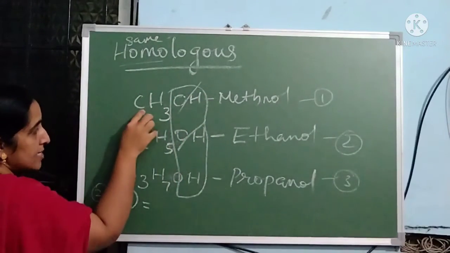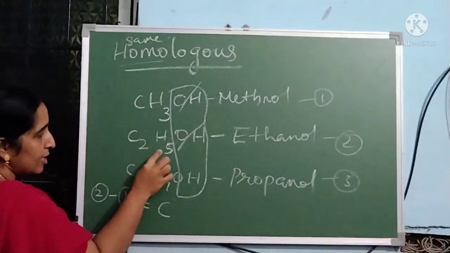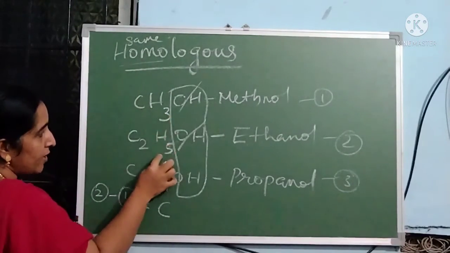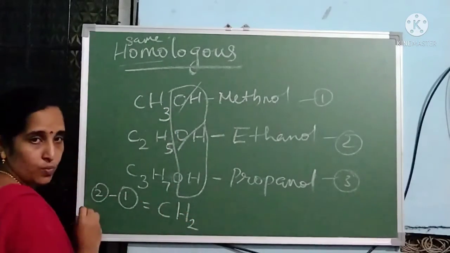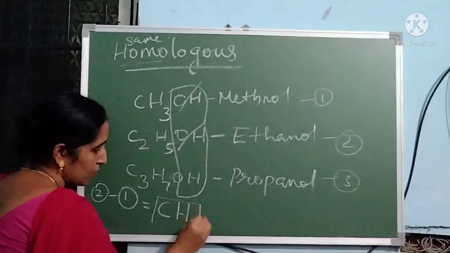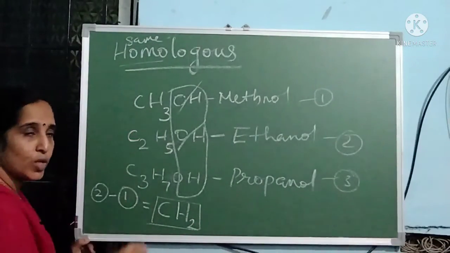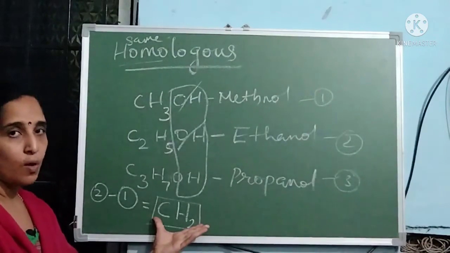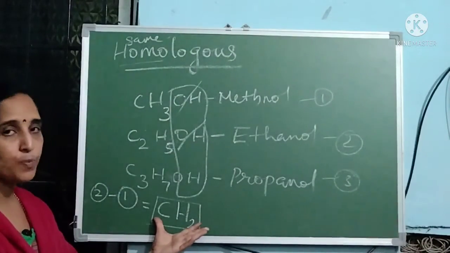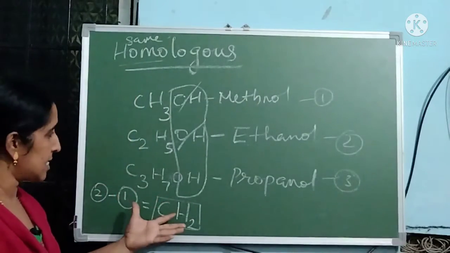Then C2 minus C1 means C. Then H5 minus H3 is equal to H2. So the difference between two consecutive members will always be a CH2 group. This is the first chemical property of a homologous series.